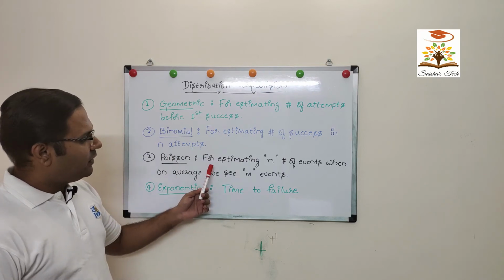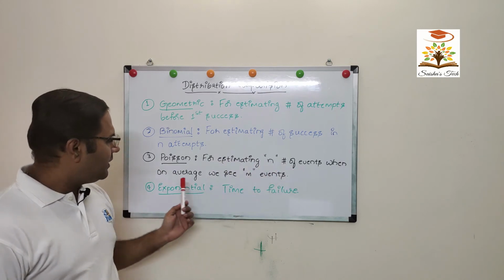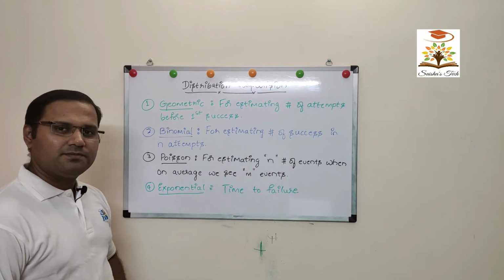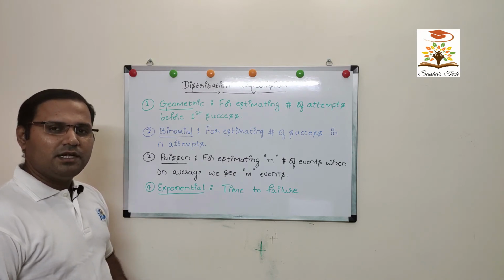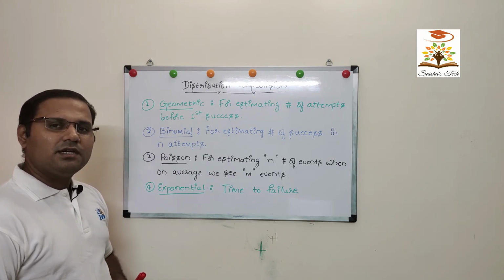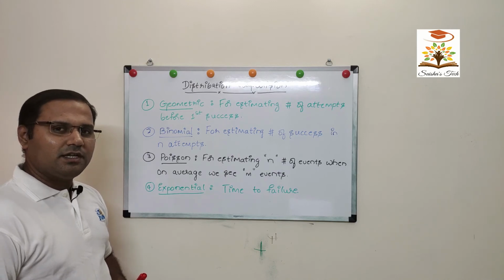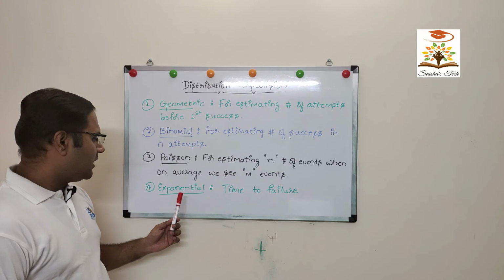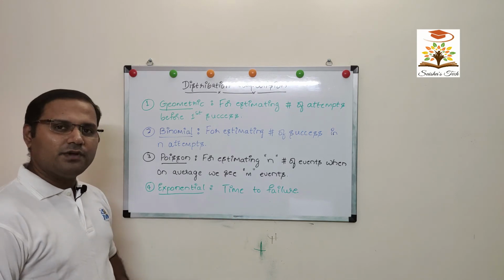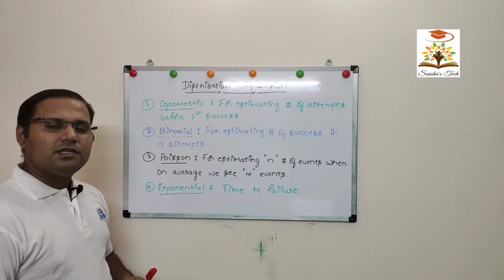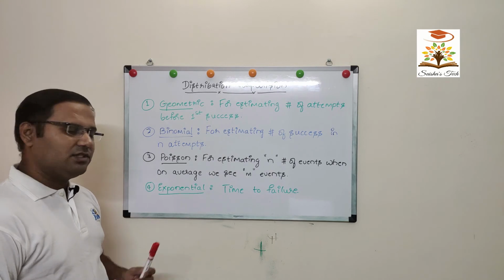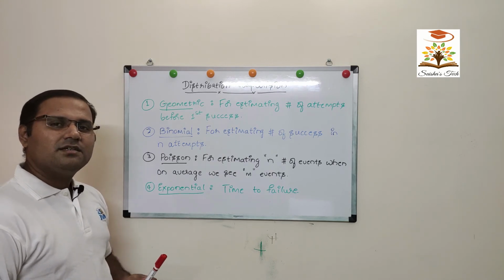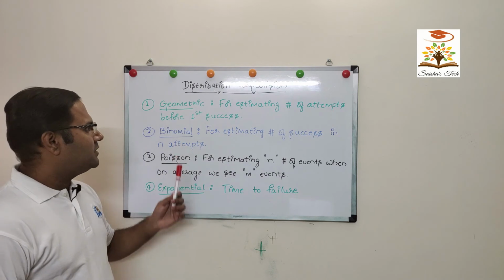Poisson's distribution is for estimating n events when on average we can see m events. If we know the average number of events in a given interval of time and want to calculate the probability for m events during that same interval, we can use Poisson's distribution. Exponential distribution is for time to failure. That is, if you want to know the probability of time elapsed between two events, we can use exponential distribution. These are some of the comparisons of different distributions.